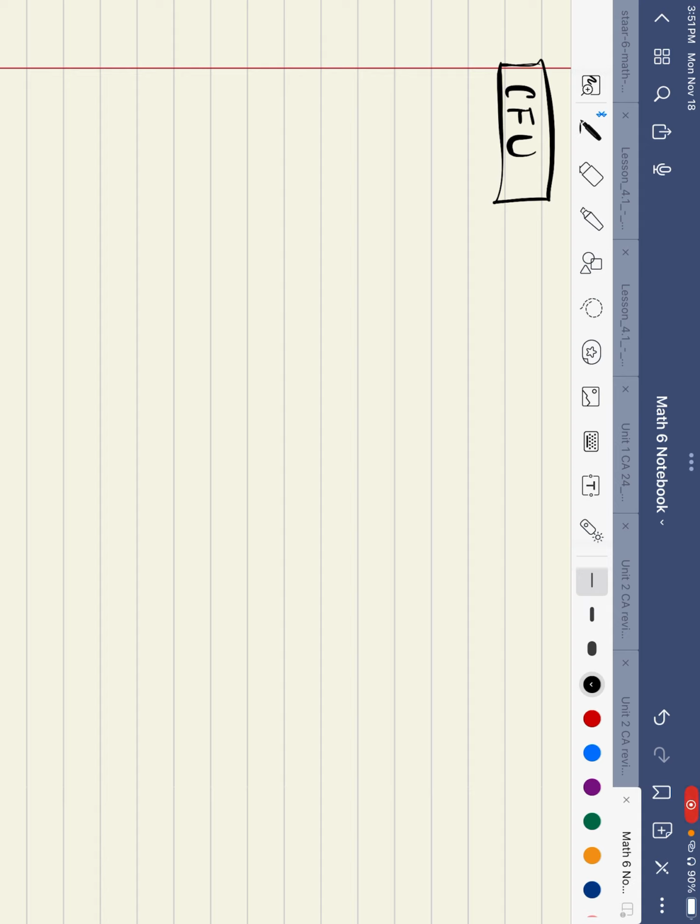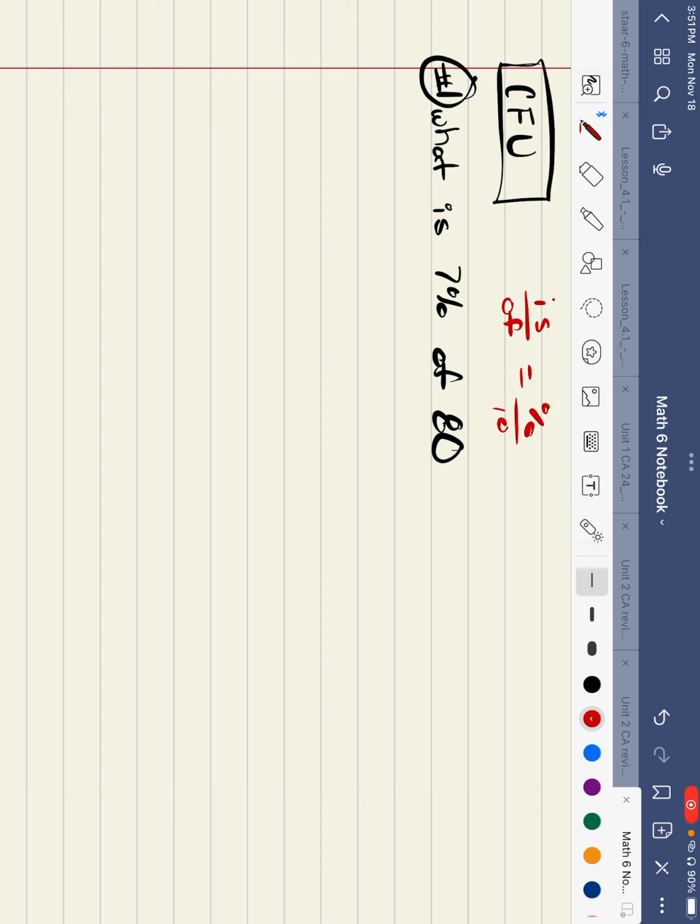So number one for this, what is 7% of 80? Again, pause the video and actually try to work it out yourself before you do this. Remember, you can go back and look at your notes, but remember it's is over of is equal to percent over 100.